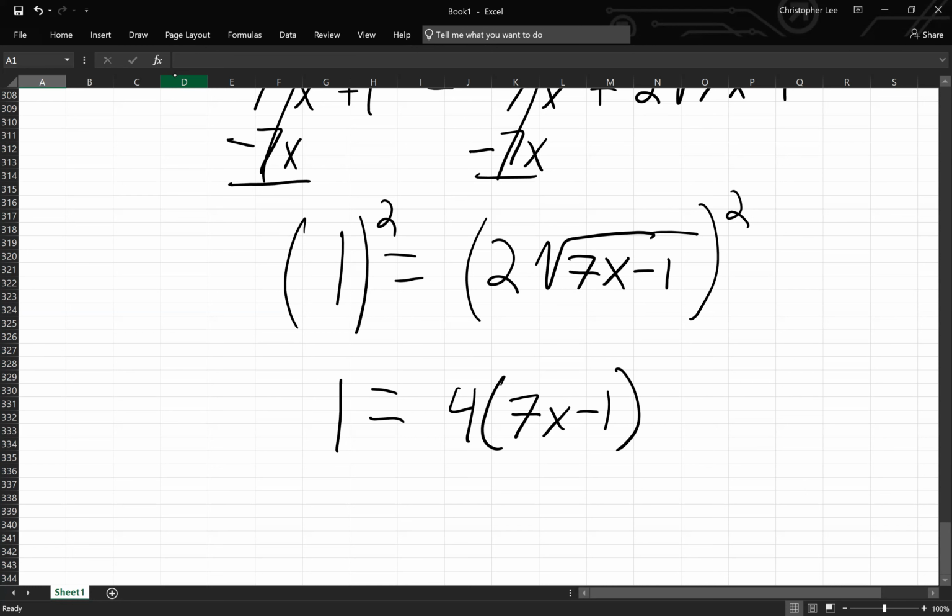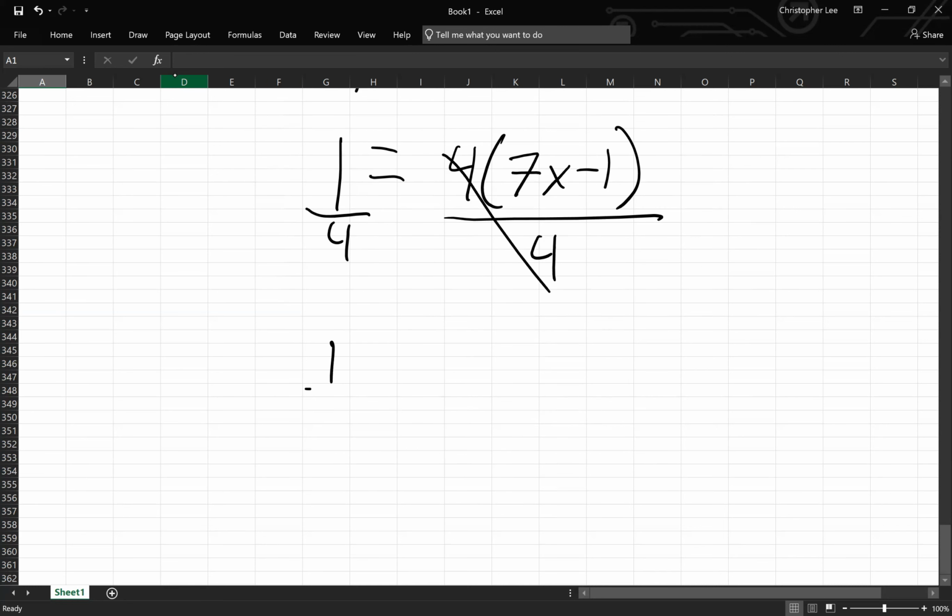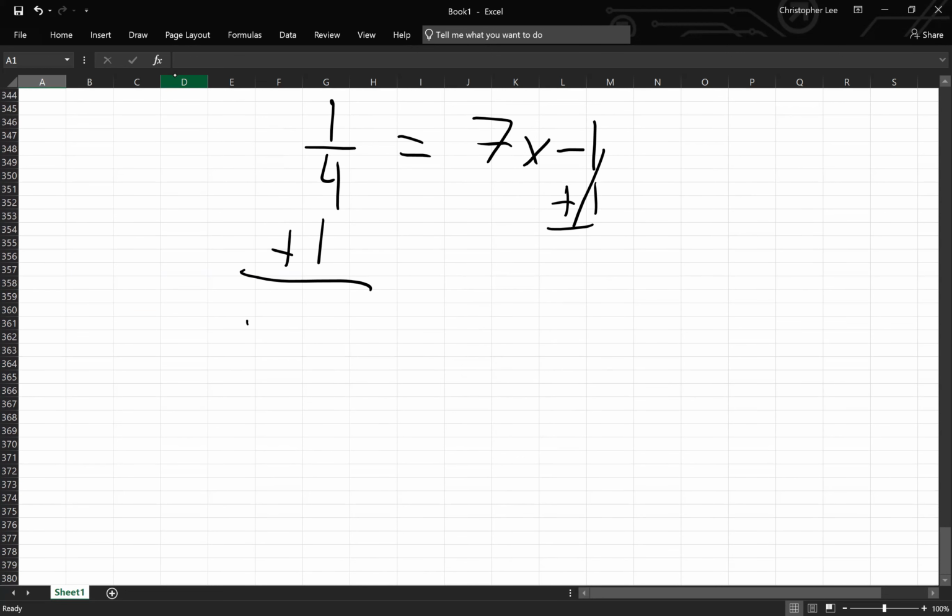Nothing crazy. So I'm going to divide by 4 over here. So now I have 1/4 is equal to 7x minus 1. Then I want to add 1 over here. What do I have? I have 1/4 plus 4/4 is equal to 7x.